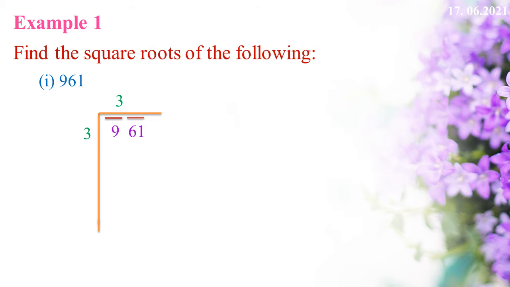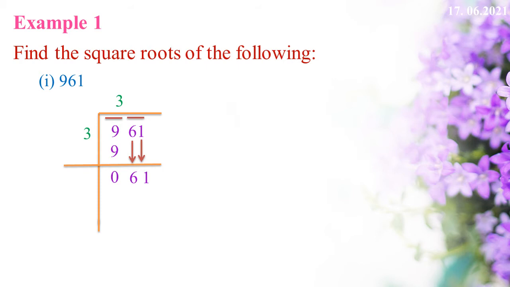Next, multiply 3 and 3. We will get 9. Next, we should subtract 9 from the first period. We will get 0 as the remainder. Next, bring down the next period to the right of the remainder. So, 0, 61. Now, obtain the new divisor by taking 2 times the quotient.